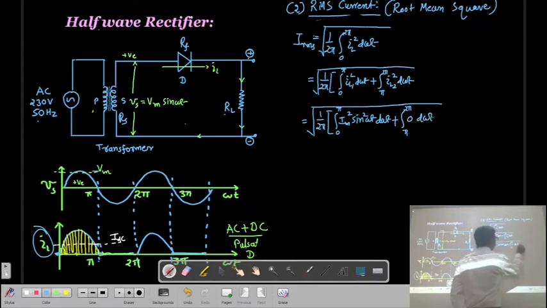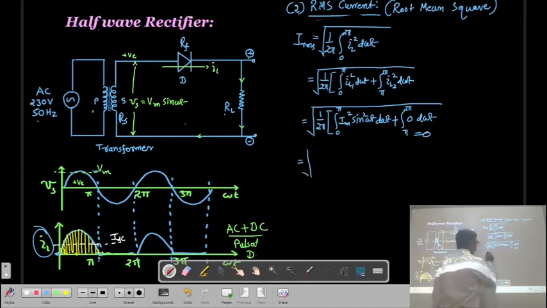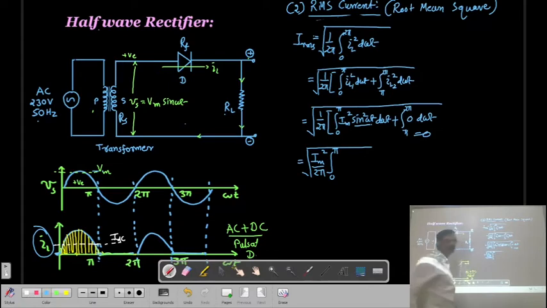It is 0, so this integration comes out to be 0. Now in the first integration, I_m squared is a constant quantity, so I_m squared by 2 pi will be outside, and we have to take the integration of sin squared omega t.